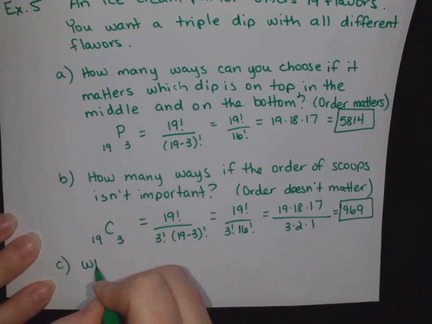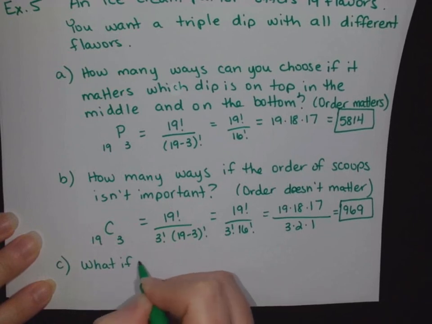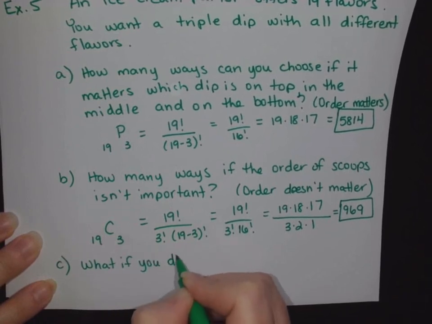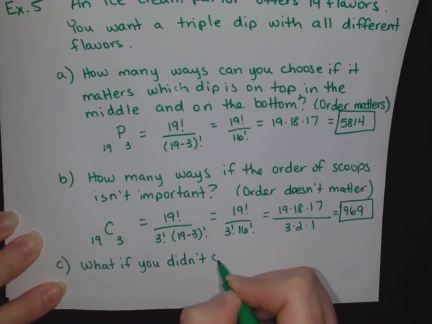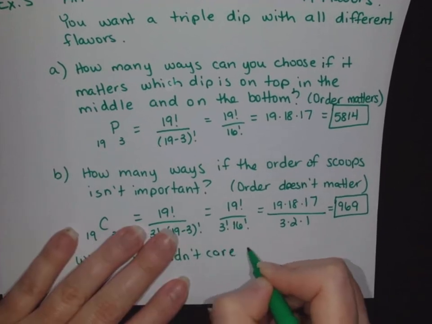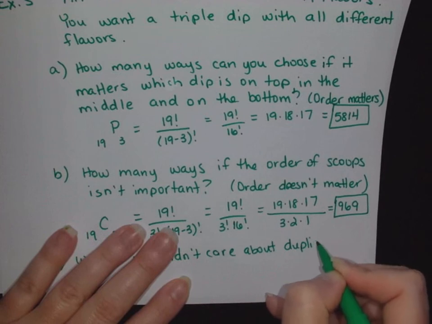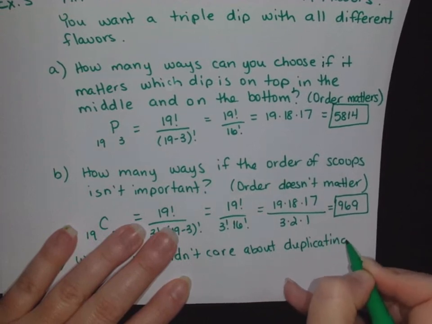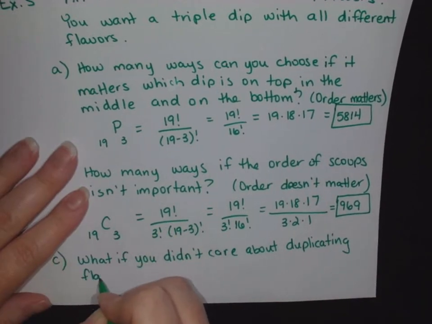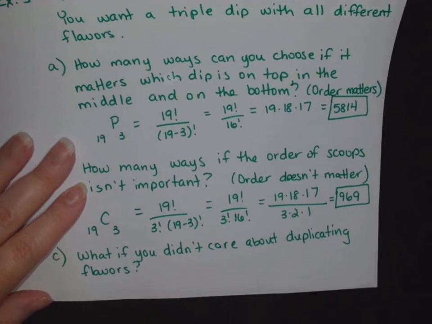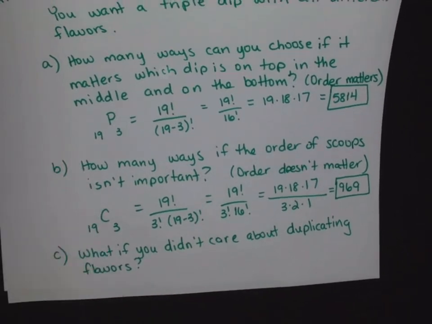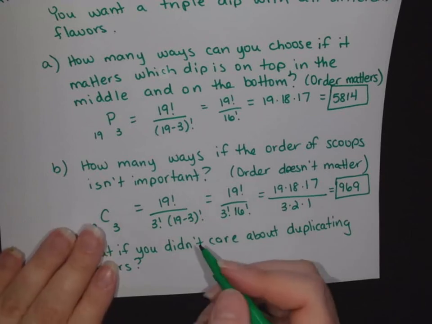And then let's look at part C. What if you didn't care about duplicating flavors? Okay. If you didn't care about duplicating flavors, notice that you don't really need the permutation or combination.